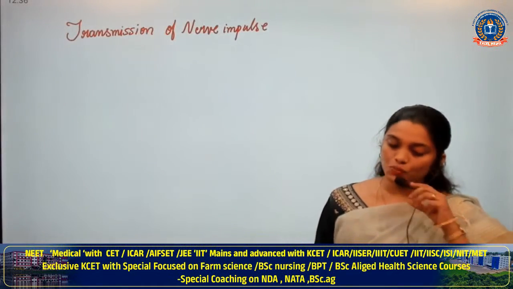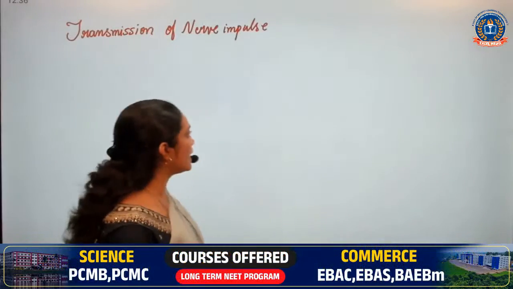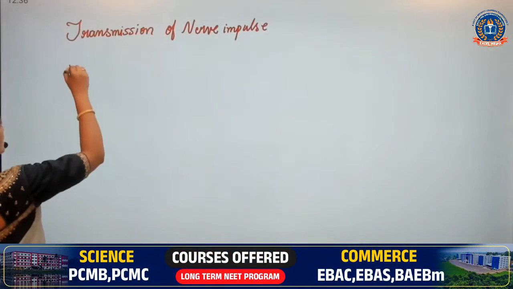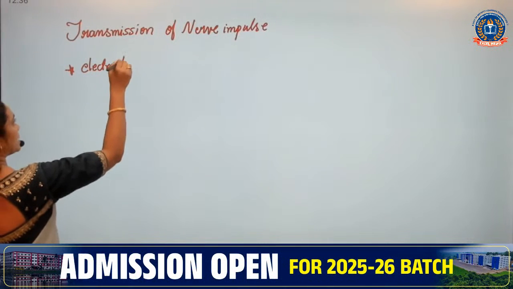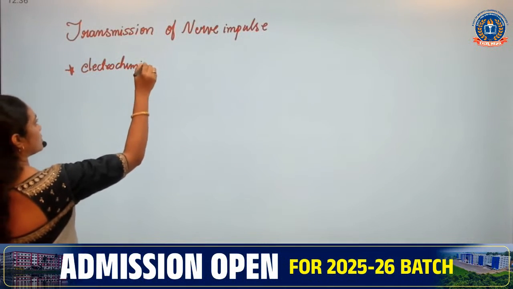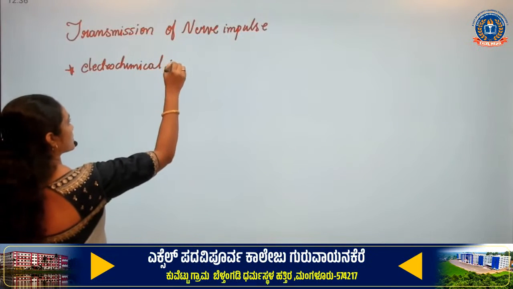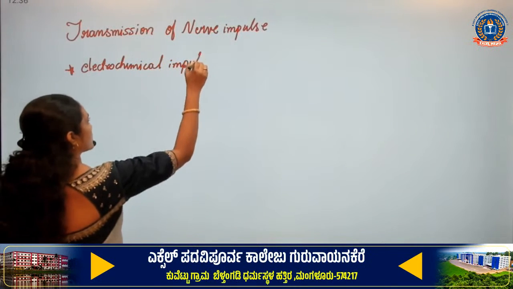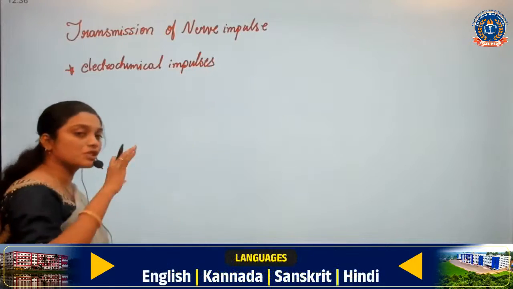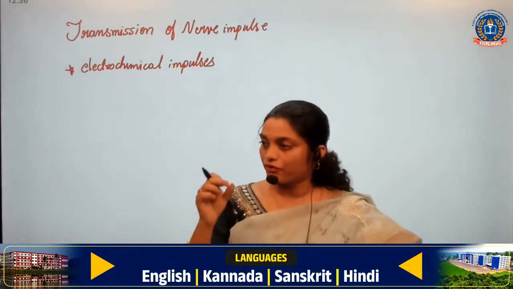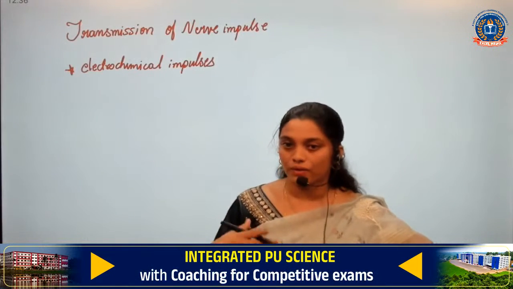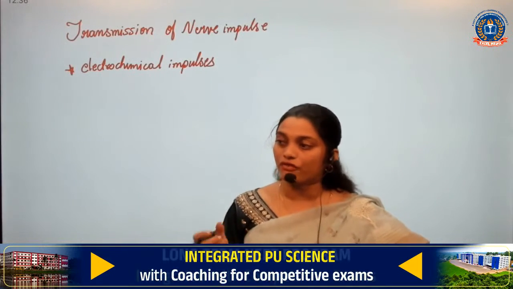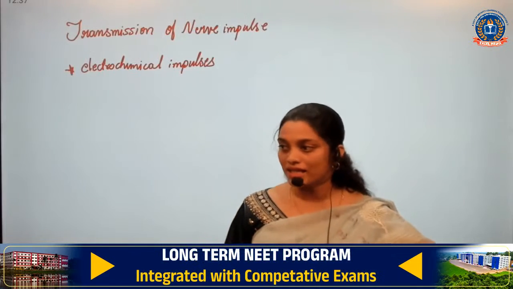The transmission of nerve impulse takes place by electrochemical impulses. That means the transmission of impulses from one neuron to another, and across one neuron itself, will take place by the combination of electrical and chemical signals.